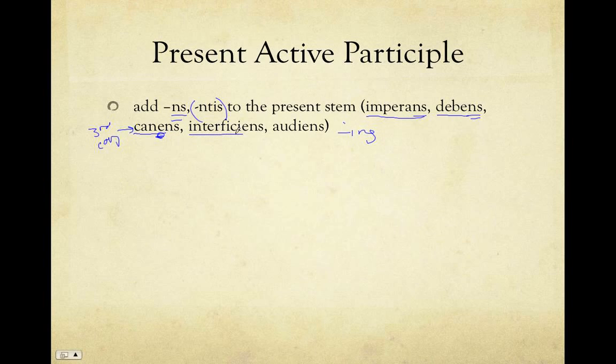Or third io, interfici, add ns, so interficiens, killing. And fourth conjugation, audie, add ns: audiens, hearing. So note with third and fourth conjugations that the e is in each of these: canens, interficiens, and audiens. The one you may not expect it in is the fourth conjugation.